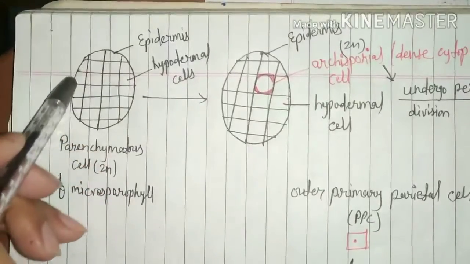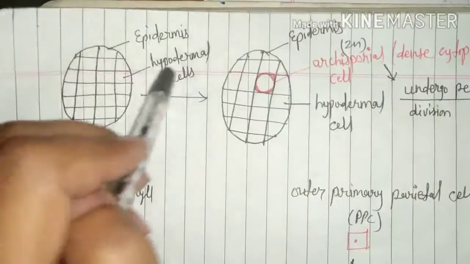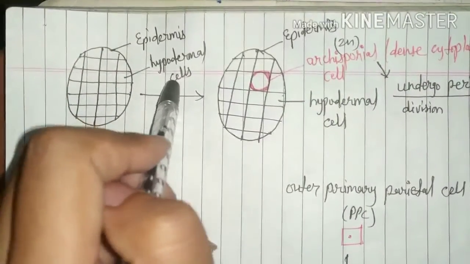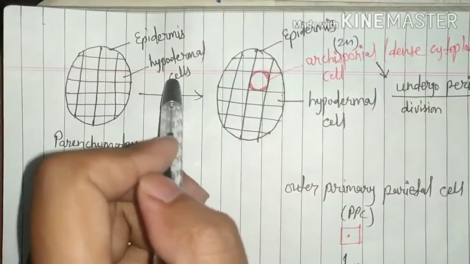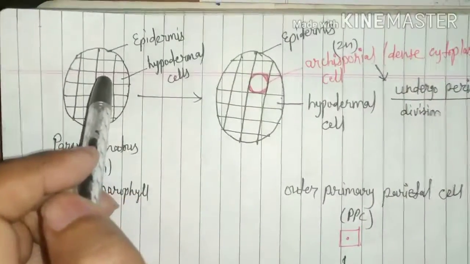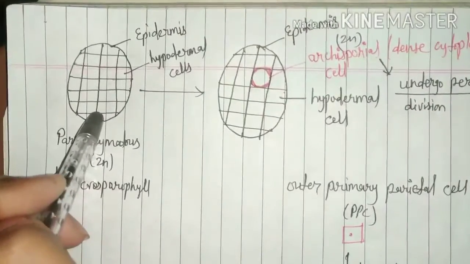Below the epidermis, these cells are known as hypodermal cells, which are also in diploid condition. Hypodermal cells are an undifferentiated group of homogeneous cells which are of the same nature and same shape.